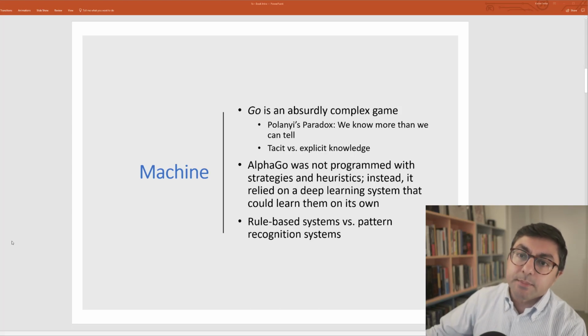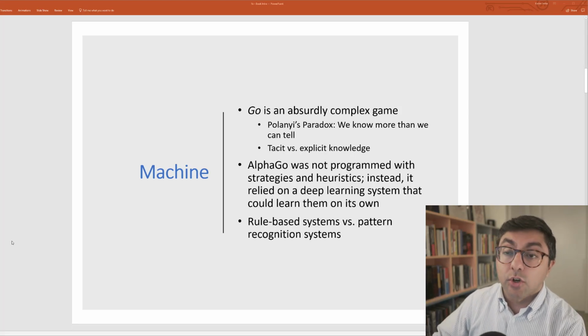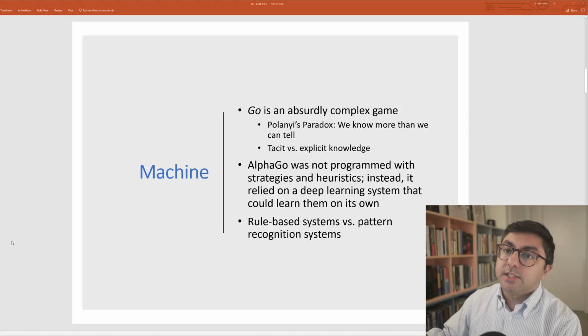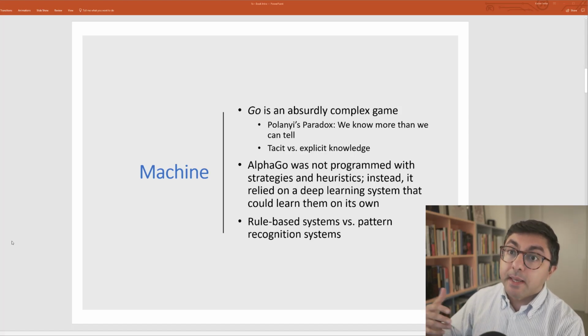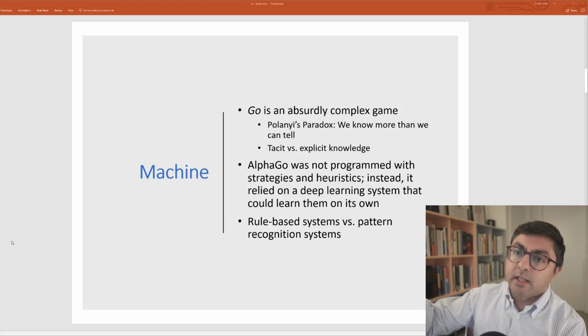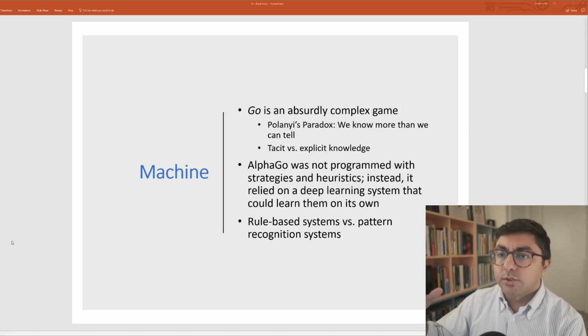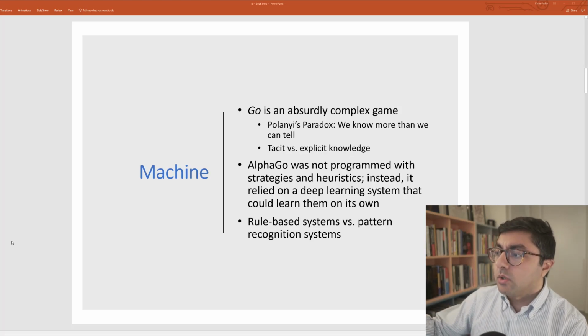Instead, it relied on a deep learning system that could learn on its own. So the idea is that systems based on a complex list of rules and scenarios are less effective today than machine learning systems that do training or neural networks or self-learning, deep learning kinds of systems.